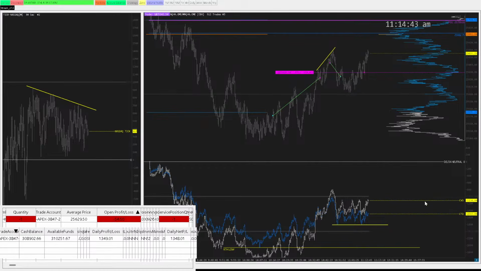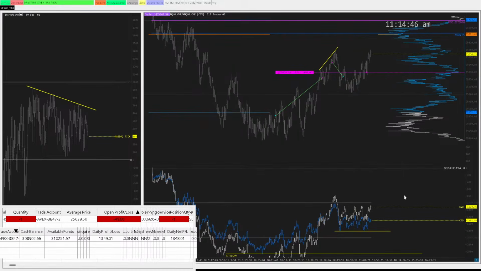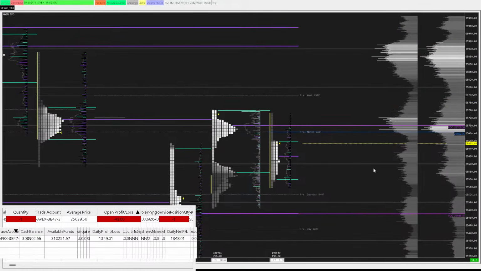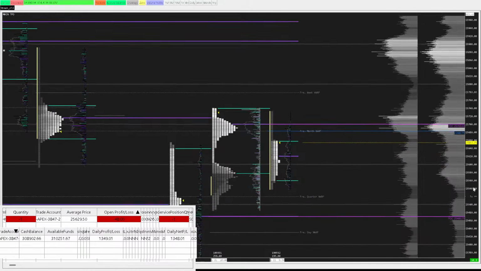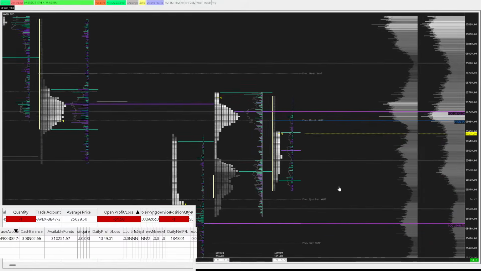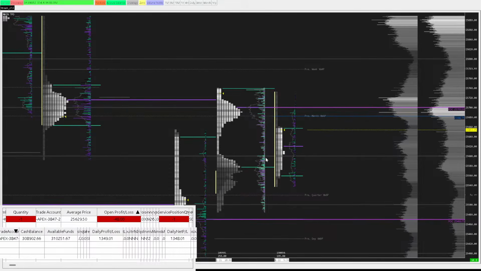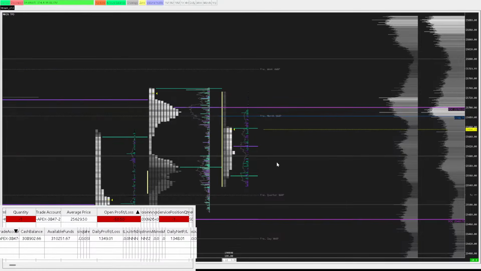Might not actually sell off until we get back up here toward delta neutral and maybe hit this point of control. And TPO wise, you guys can see where we're at. We never really got out of the overnight session's value area. And also, this is important for you guys that are kind of new to TPO.